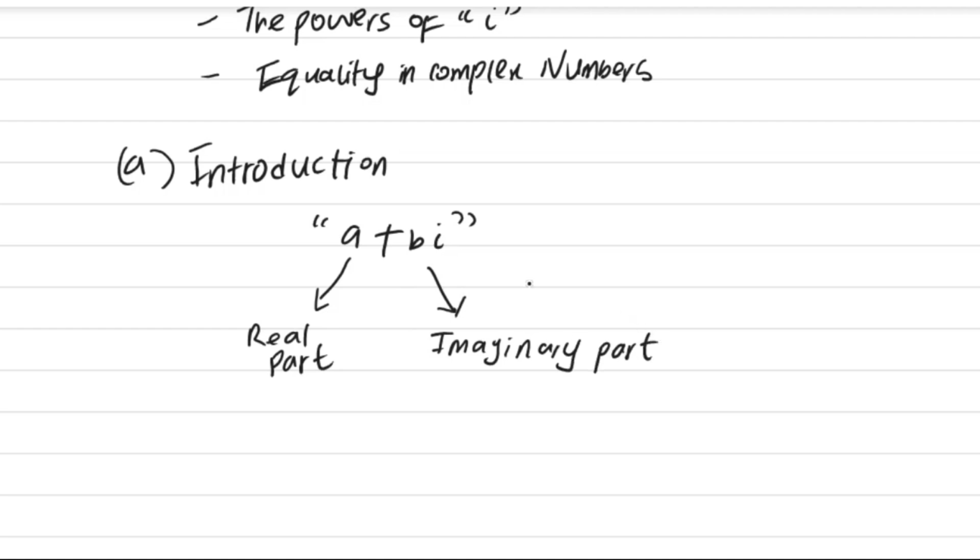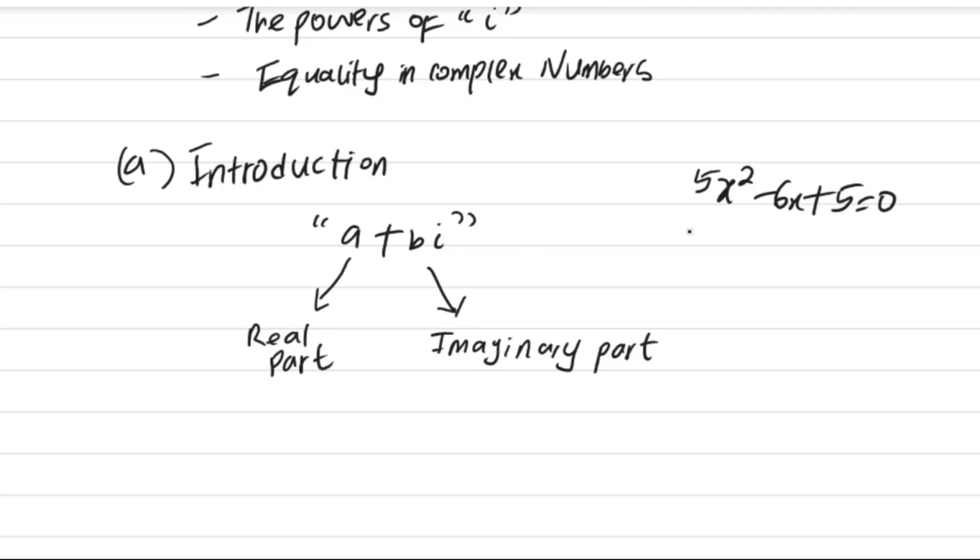So what it means is that every complex number has a real part, while every complex number also has an imaginary part. For example, let's assume that you're trying to get the solution of the quadratic equation 5x squared minus 6x plus 5 is equal to 0.